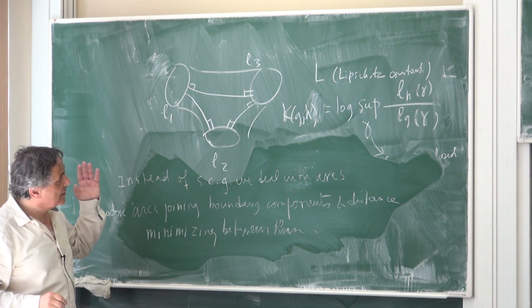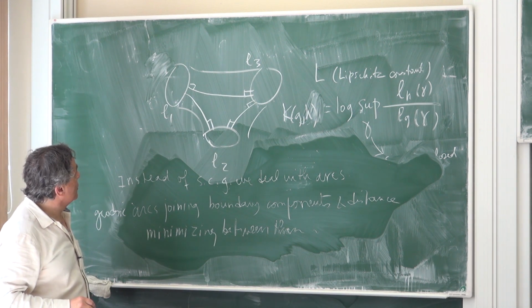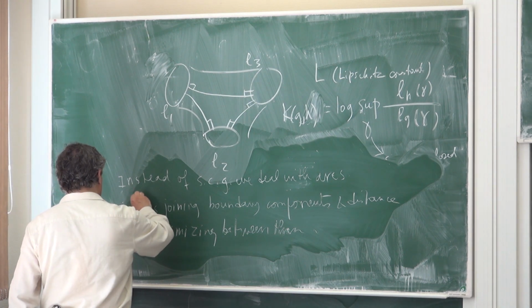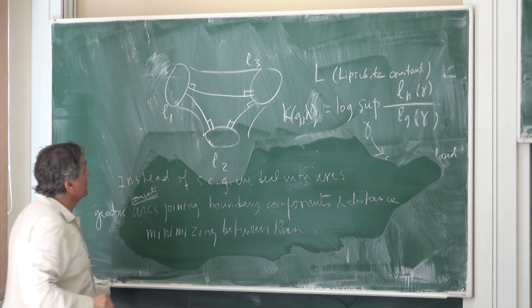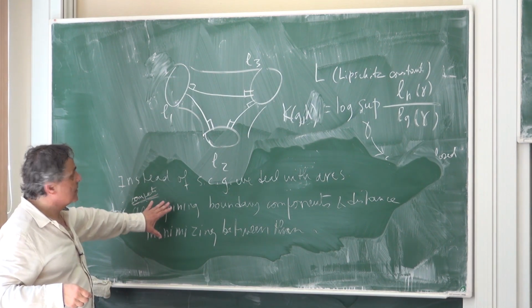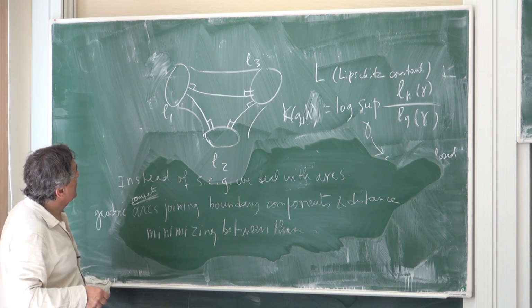So you don't take long geodesics which wind several times? No, these are compact arcs. Yes, I don't take this. And the other homotopy type connecting two boundary components? There are no others.